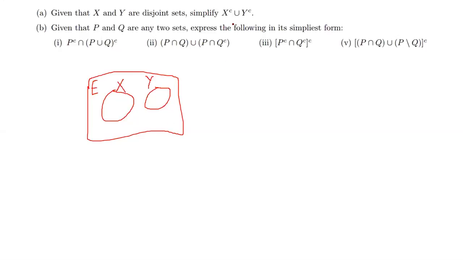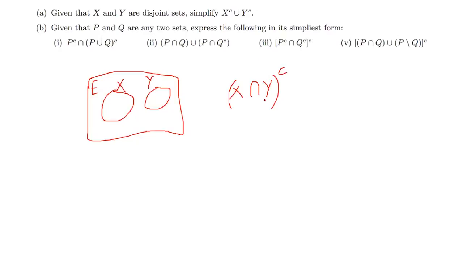Now let us try to solve this one, which says simplify x complement union y complement. In other words, this can also be written as x intersection y, then you put everything in brackets and put your complement.